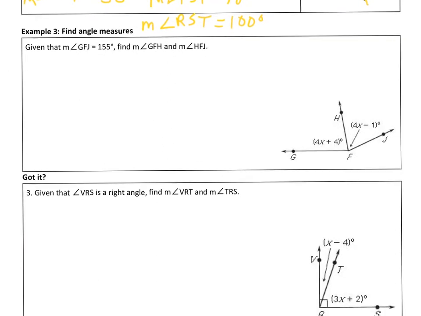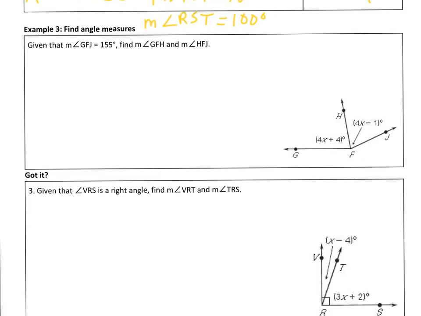So another example of that, now this is going to involve an equation, okay? It gives us that GFJ, this angle right here, is 155 degrees. GFH is this expression on the left, HFJ is this expression on the right.